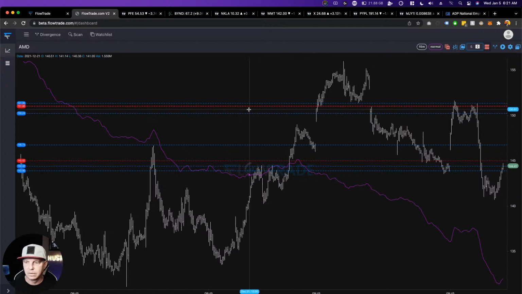Okay, so typically what we look for is bullish divergence, meaning price action is trying to find support, and the algo is buying into it. So that will drag price action up with it. Now, what's happened with AMD is price action was trading with the algo up until yesterday. AMD pulled back to a key level of support, and the algo bounced.